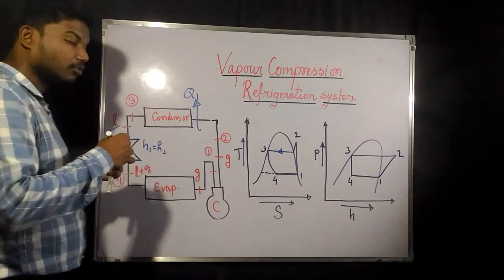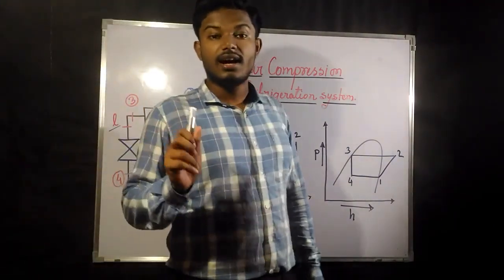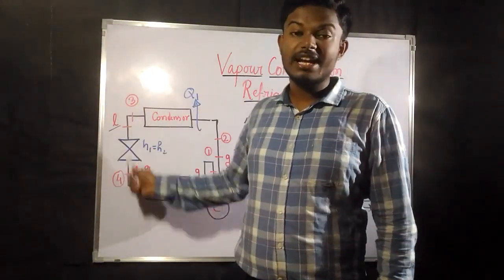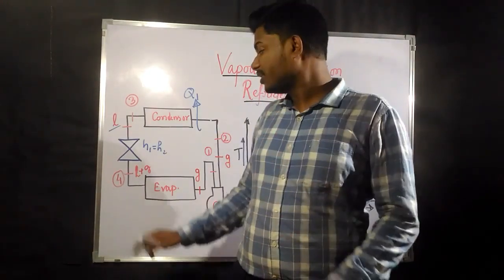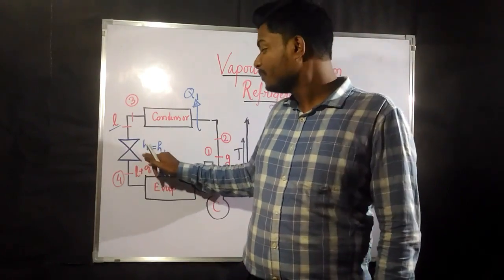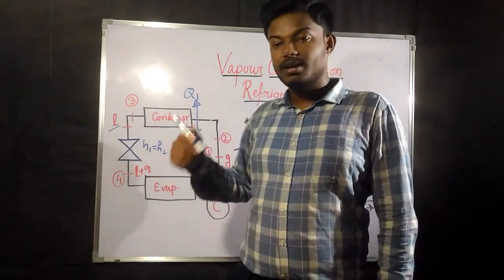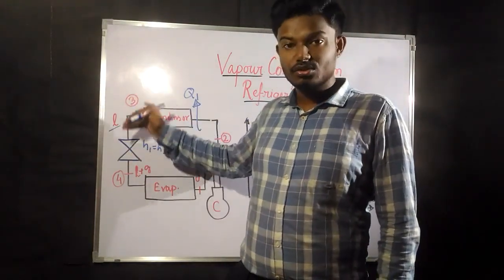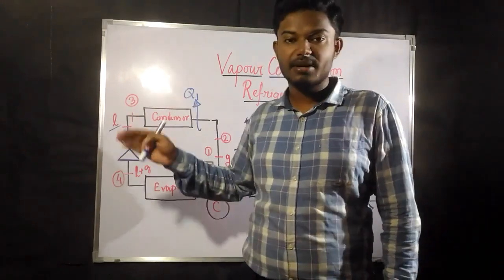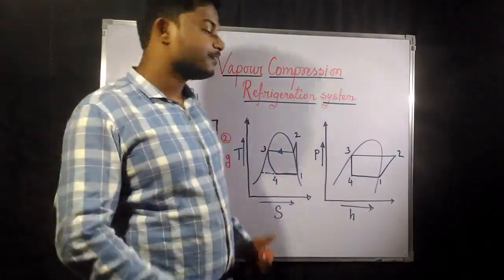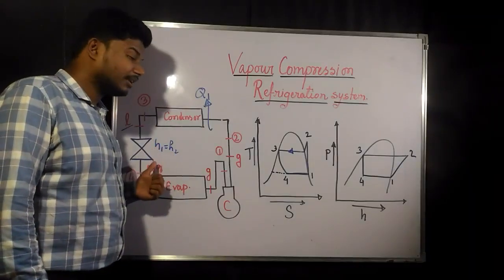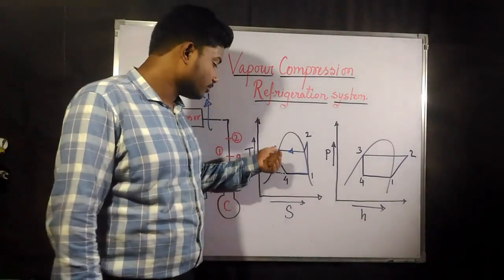That means the process passing through the throttling device is an isenthalpic process. Isenthalpic means the enthalpy is always the same. The enthalpy before and after passing through the throttling device has the same value. So this isenthalpic process is represented from 3 to 4.